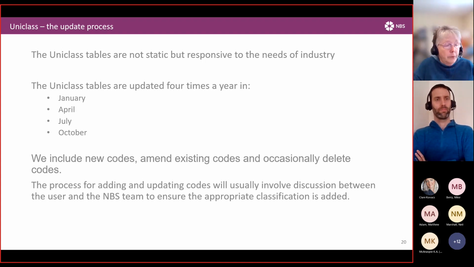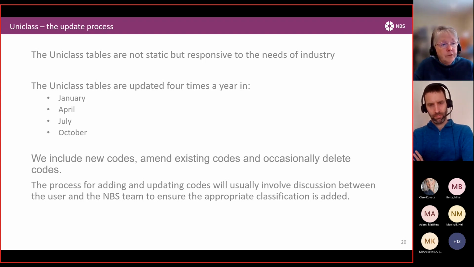When people ask for new codes, and all this work we've done with the WICS group and with the WSAA group, the Australians, it usually involves a huge amount of discussion, because it's really important from our point of view that we fully understand exactly what's required.